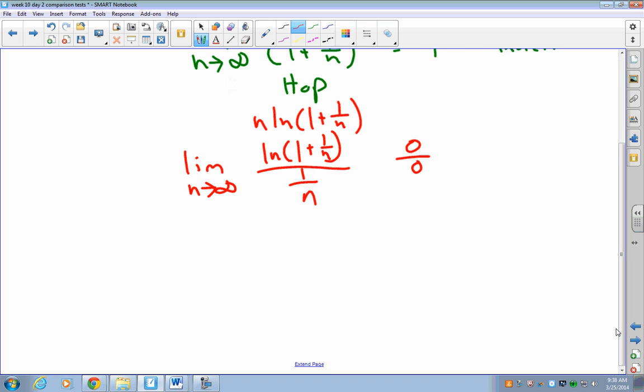So then I get 1 plus 1 over n, and what's the derivative of the inside? I get a 1 over n squared, all over the same negative 1 over n squared.